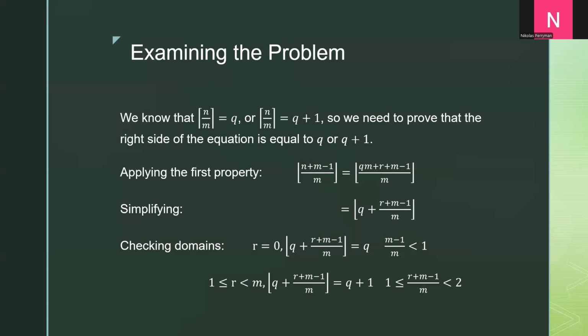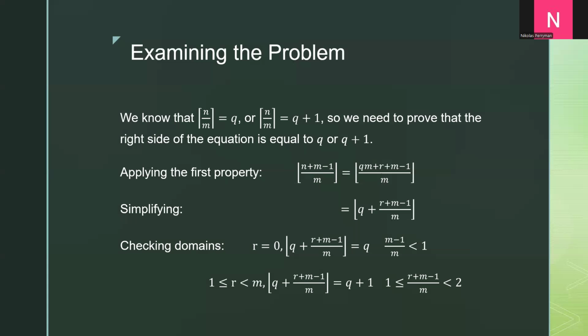And so if you do plug in r equals 0, if you just want to look at it a little bit more in depth, you'll wind up with the fraction m minus 1 over m, and that is less than 1. So when you do the floor function, that's going to go down to 0.